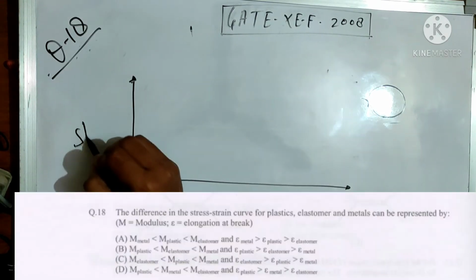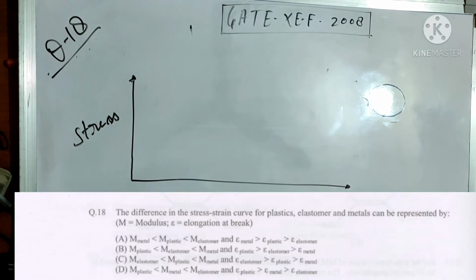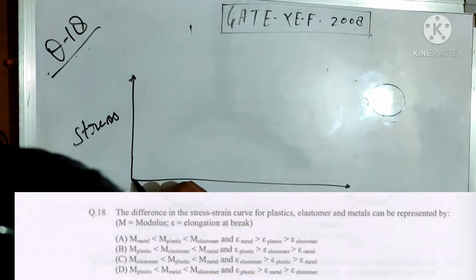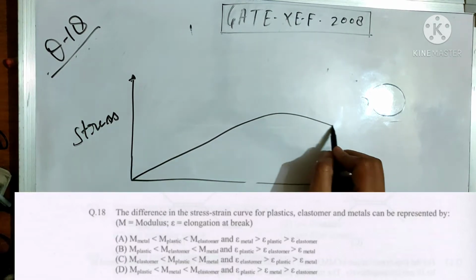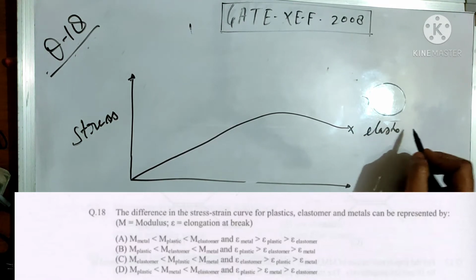The stress-strain diagram of the metal, plastic, and elastomer. This is the stress-strain diagram for the elastomer.